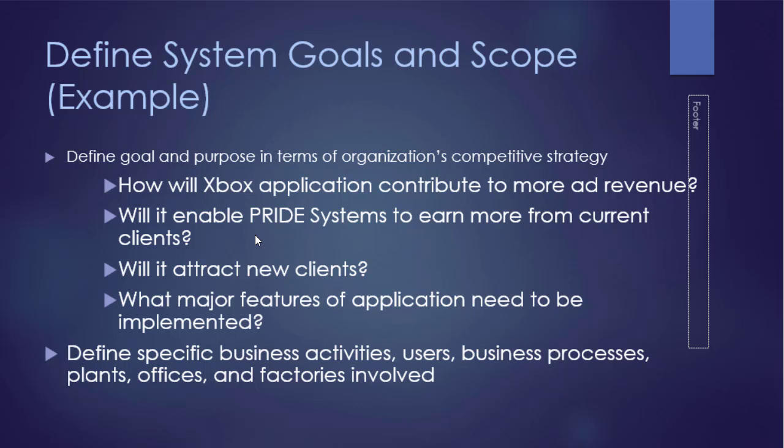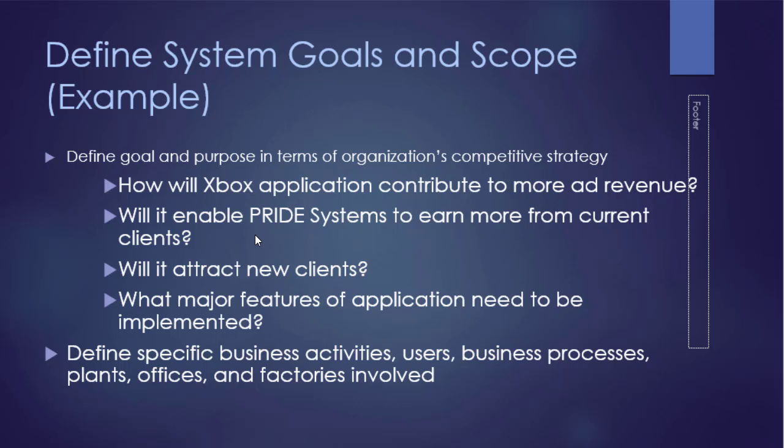The example that your book uses is that opening vignette. Think about these in terms of: how will that Xbox application contribute to more ad revenue? Will it enable Pride Systems to earn more from current clients? Will it attract new clients?